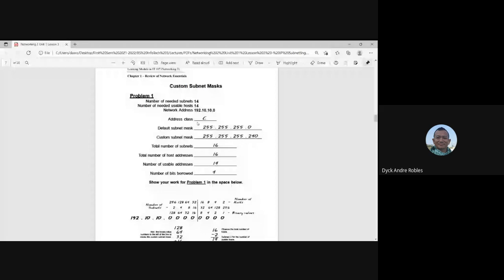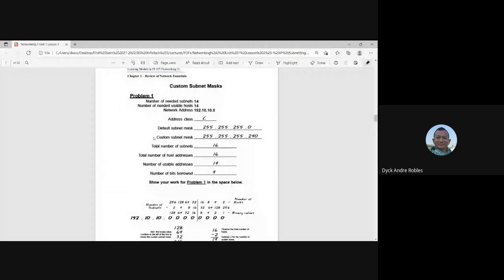That is the default subnet mask. How about the custom subnet mask? The 240 can be answered with the use of our requirements here.